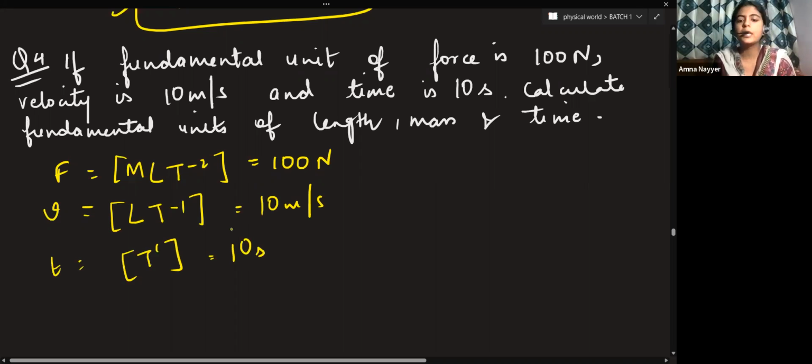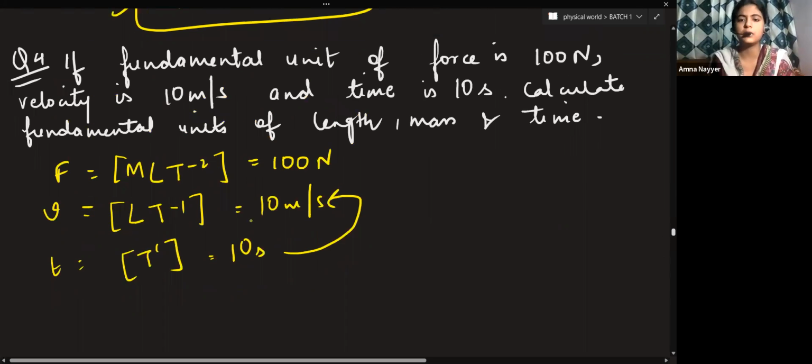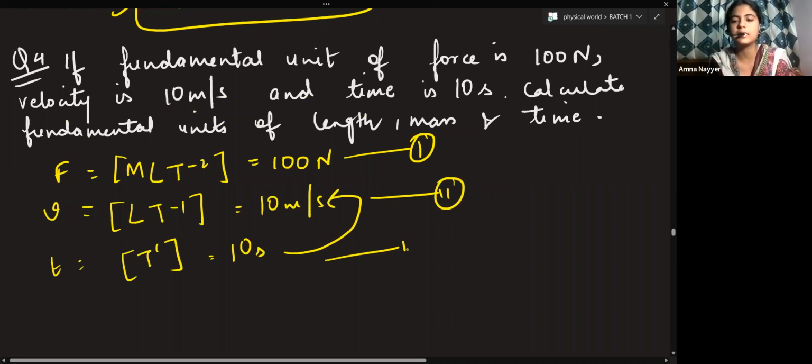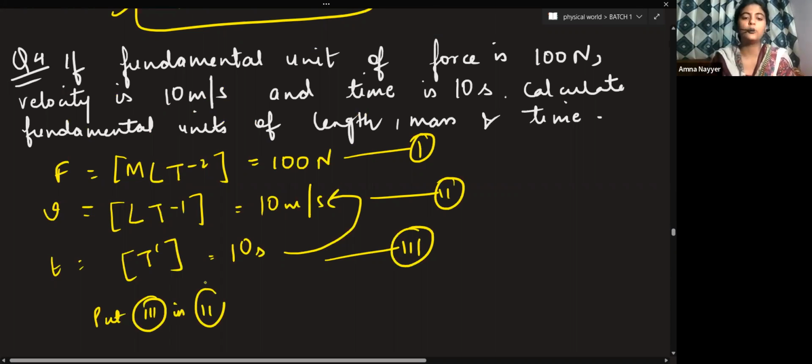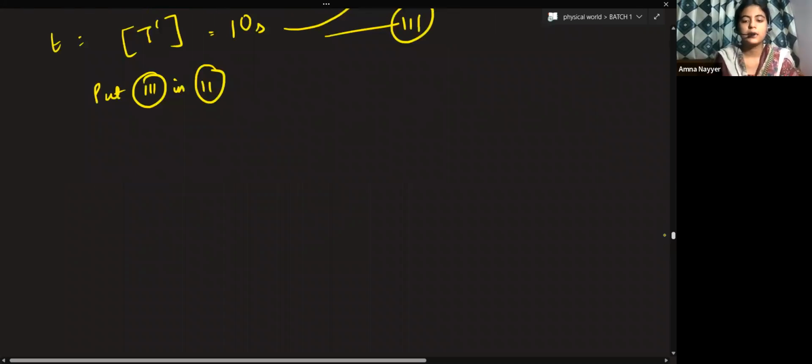Now, if you put the value of time in velocity's equation, just to check it, let's name these equations. Let's say this is equation 1, this is equation 2, and this is the third equation. So if you put 3 in 2, see what you will get.